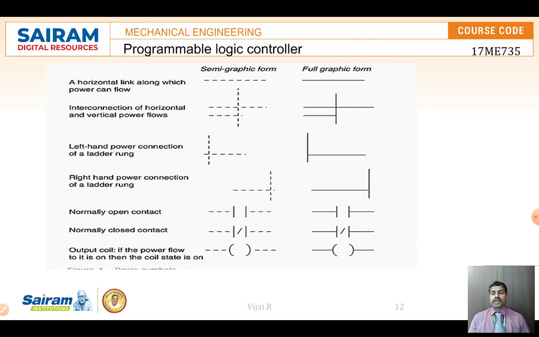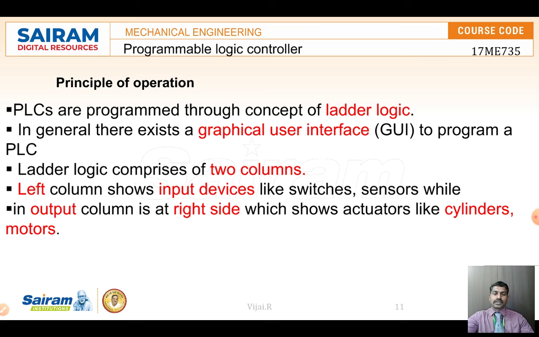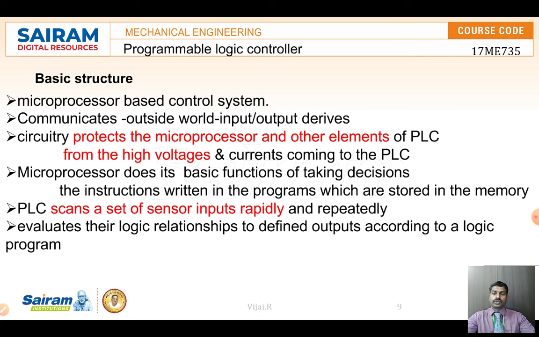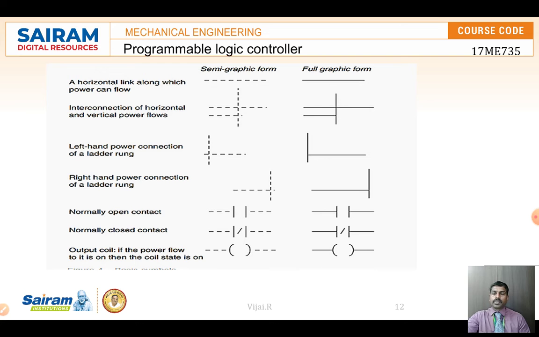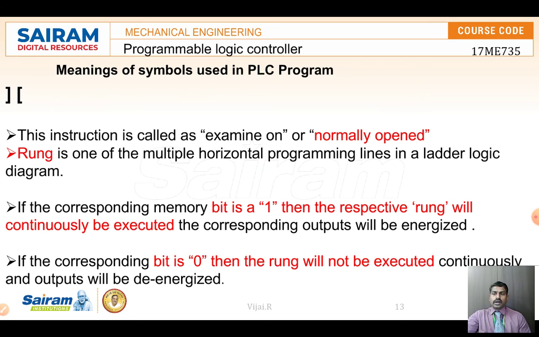Then there is the normally open contact, where there is a gap between two small lines, like switches. These are the ladder logic symbols. For output coils, if power flows in the coil, the state should be shown like this.